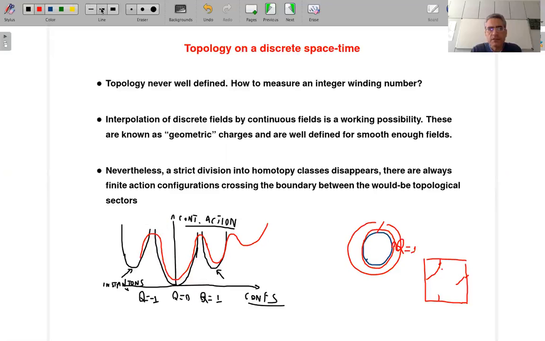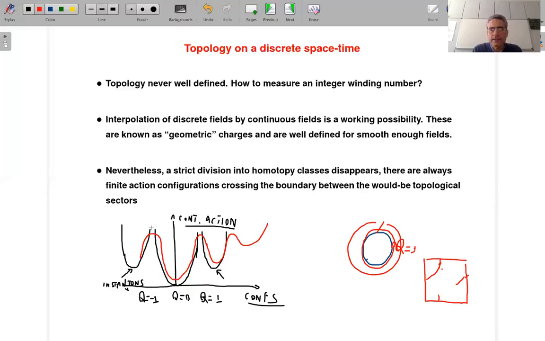In order to go in the continuum from one topological sector to the other, you have to go through an infinite action configuration, and these configurations are infinitely suppressed in the continuum path integral. They are not suppressed in the lattice discretization of the path integral.